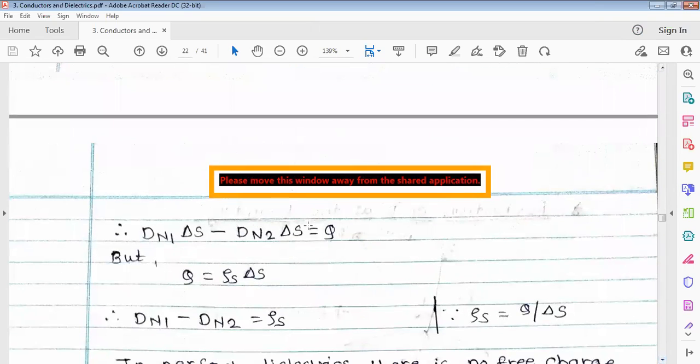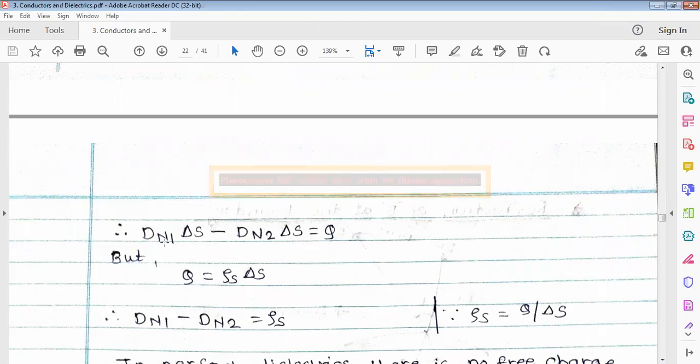Now we have to equate this equation, that is the integration of the top surface of d bar dot ds bar plus the integration of the bottom surface of d bar dot ds bar is equal to charge q.